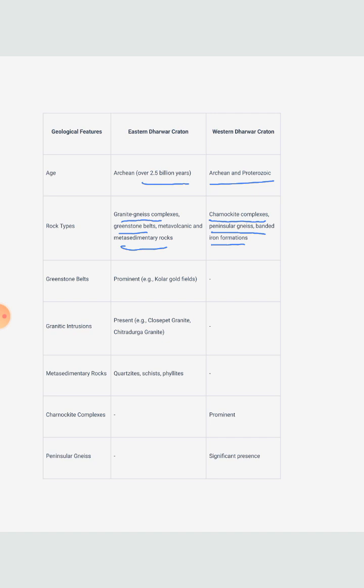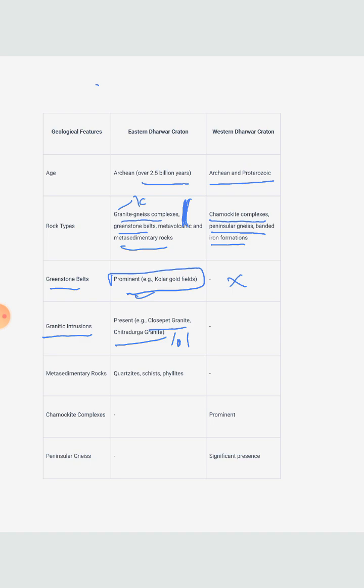The eastern Dharwar craton also has khondalites, and the western boundary of the eastern Dharwar craton is formed by the charnockite belt. So the greenstone belt is prominent in eastern Dharwar craton, which is not there in the western Dharwar. The granitic inclusion is present in the Closepet granite. Closepet granite is in between the western and eastern Dharwar craton.